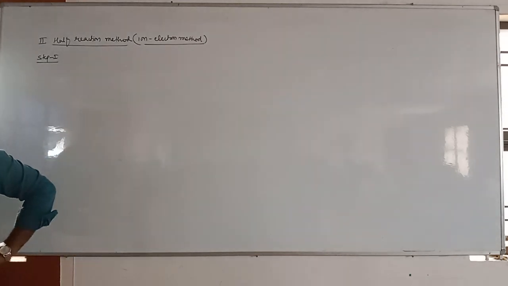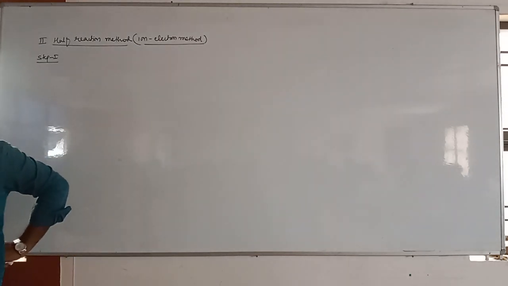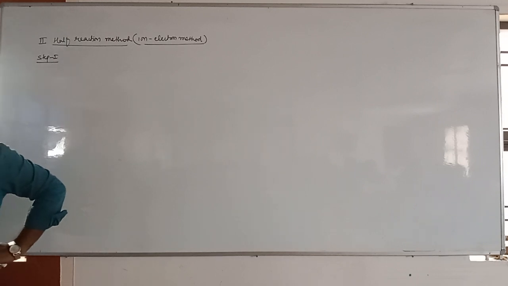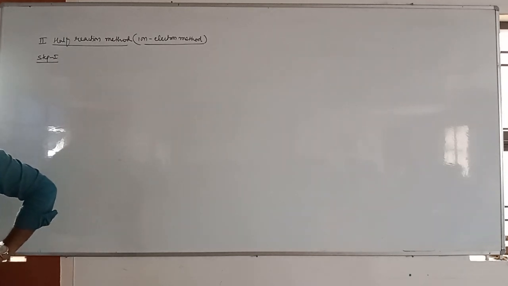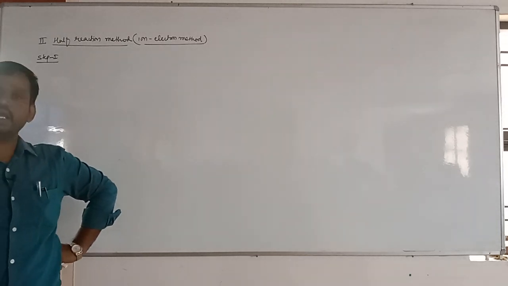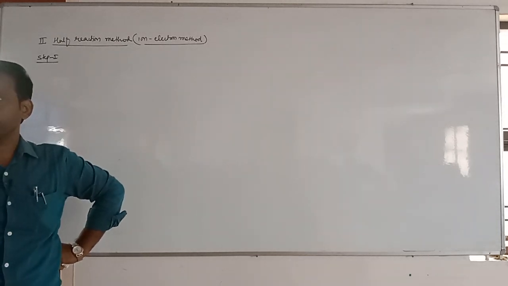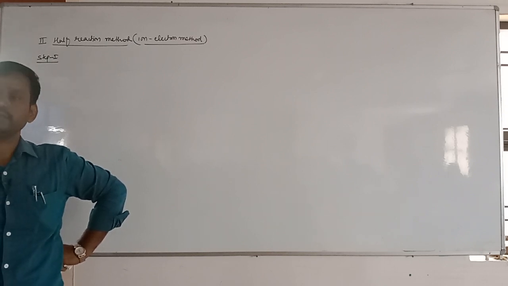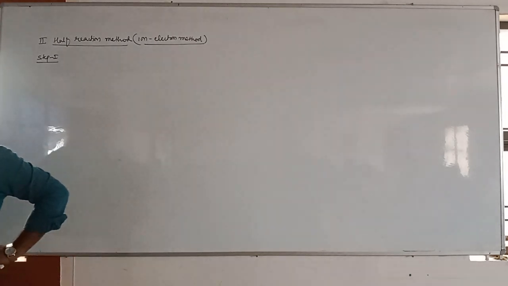Balance the charge in both oxidation and reduction half reactions by adding electrons. This is one extra step.